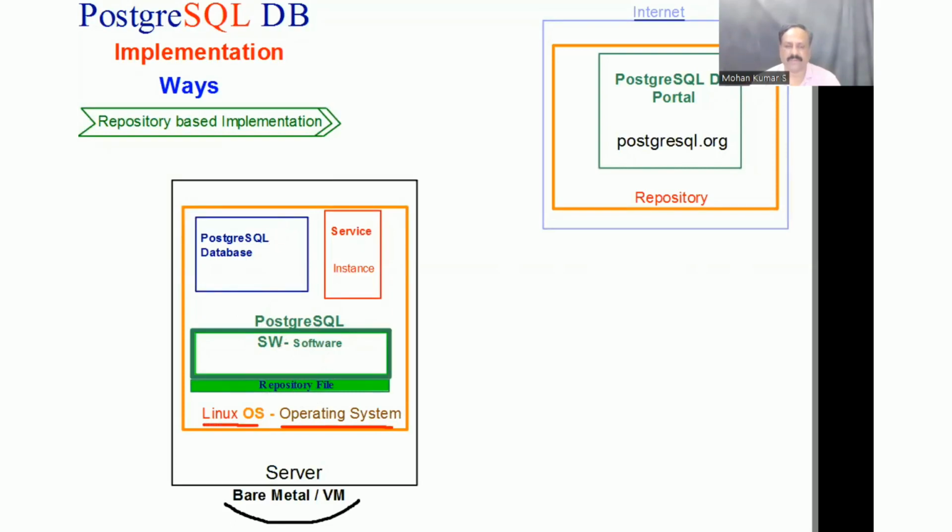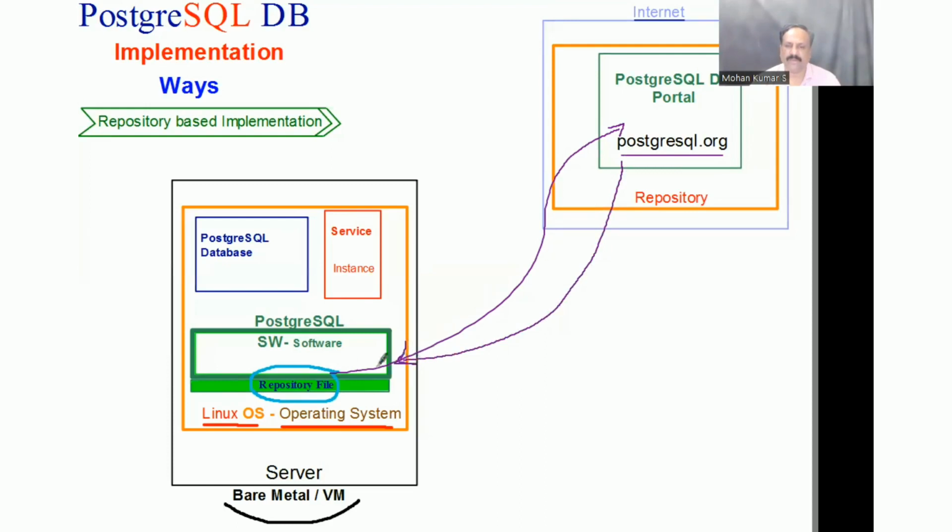To install the software, we can go for repository based. Build a repository file in your system, which will have the necessary information to connect to the central repository where the PostgreSQL software is available. You can get that at PostgreSQL.org. From there, you're going to get the software onto your system.